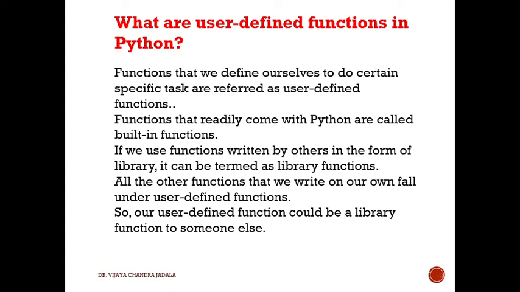If we use functions written by others in the form of a library, they can be termed library functions. All other functions that we write on our own fall under user-defined functions. So, our user-defined functions could be a library function to someone else.